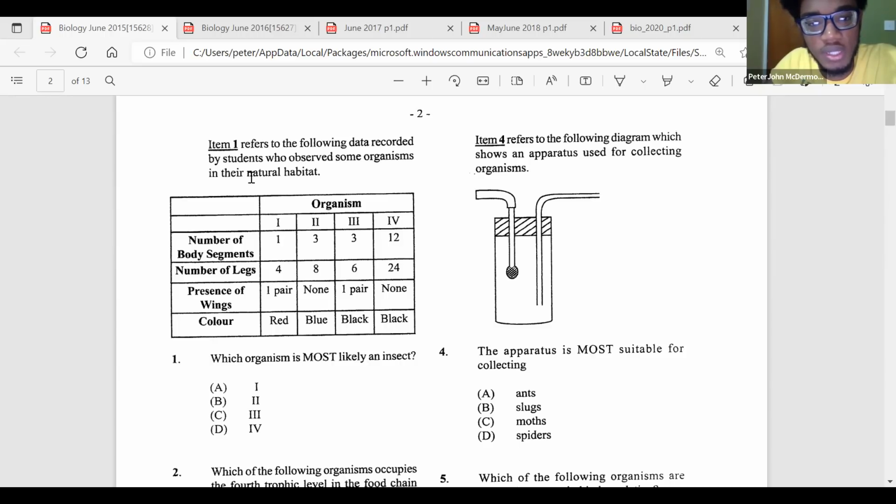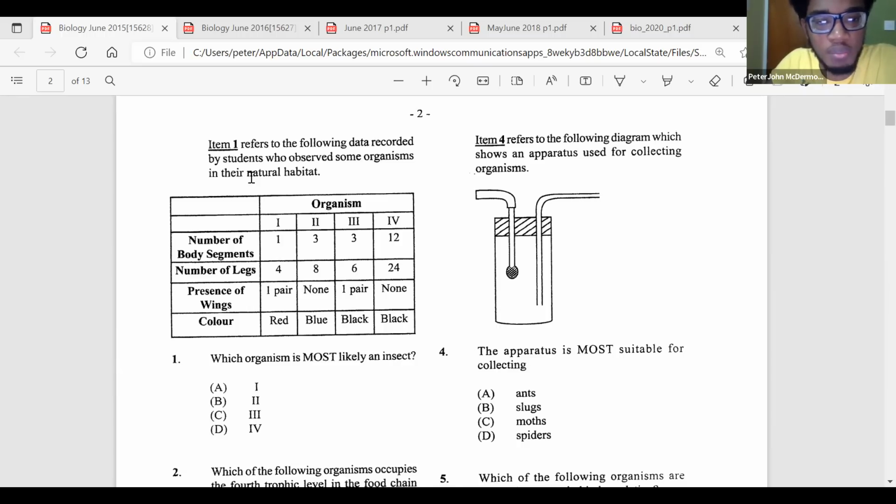The number of legs, around 4 is a typical answer, and presence of wings with 1 pair. We typically know that insects would have wings. For the color, black insects is a typical thing, but in line with what we've been looking at before, I would most likely say A is the correct answer here, because it's in line with the typical characteristics of an insect.